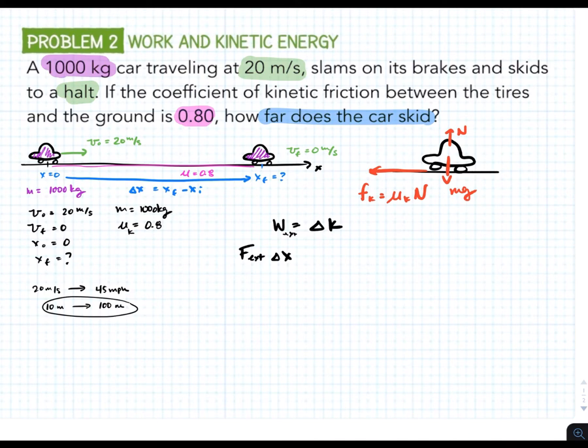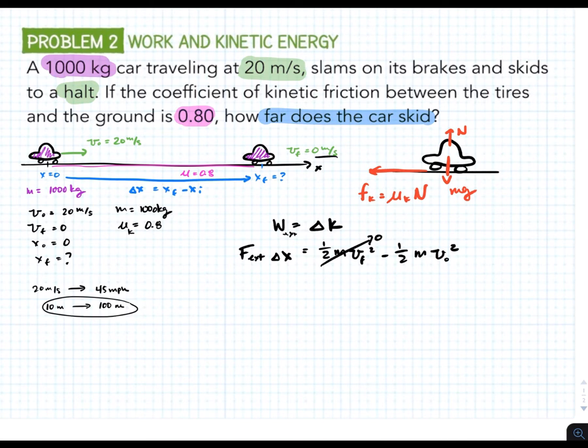Kinetic energy is 1/2 m v final squared minus 1/2 m v initial squared. We already know that v final is equal to 0, so that goes away.